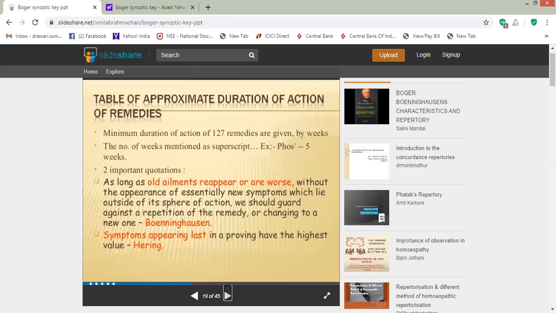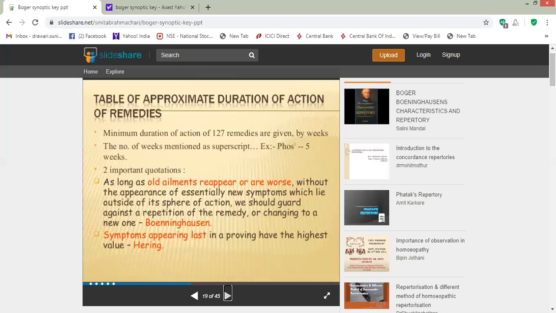There are two important quotations. As long as old elements reappear or are worse without the appearance of essentially new symptoms which lie outside its sphere of action, we should guard against a repetition of the remedy or changing to a new one.